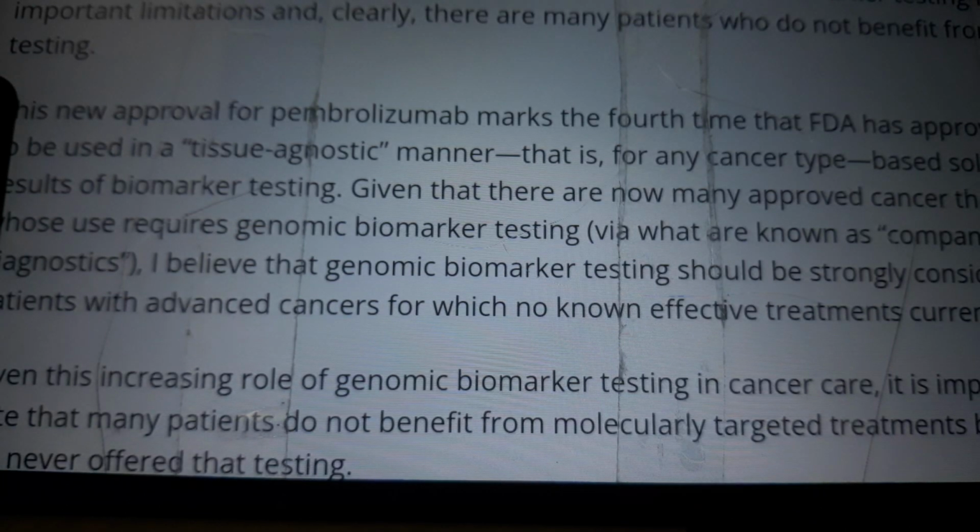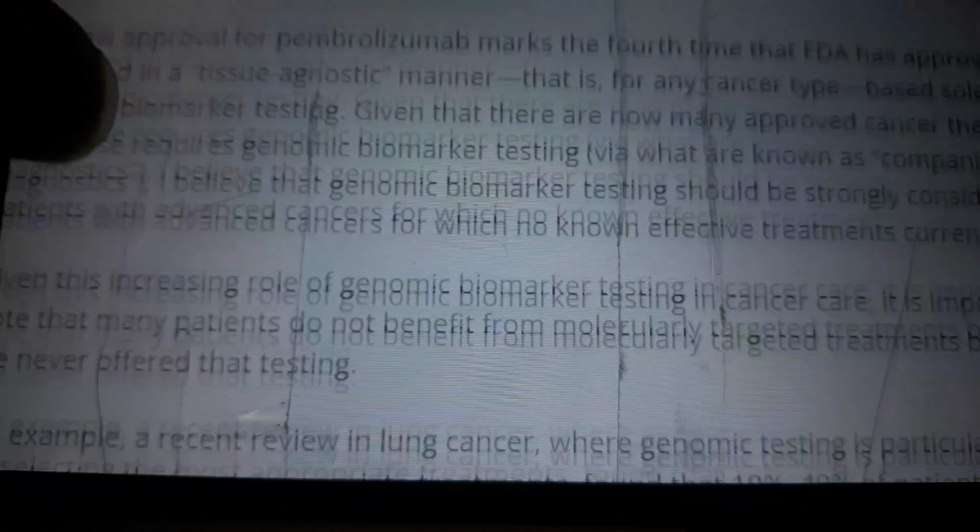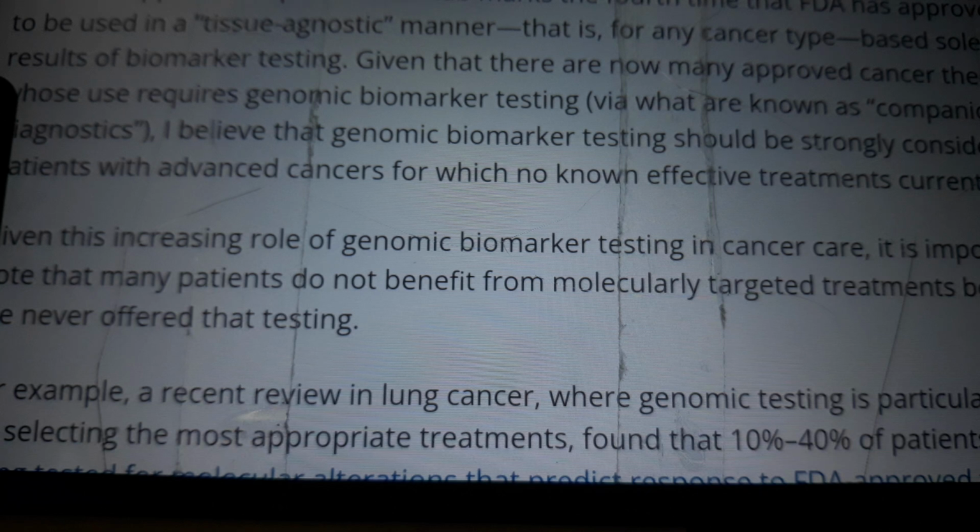But it's important to know that biomarker testing has important limitations, and clearly there are many patients who do not benefit from this testing. This new approval for pembrolizumab marks the fourth time that the FDA has approved a drug to be used in a tissue-agnostic manner, that is, for any cancer type based solely on the results of biomarker testing.